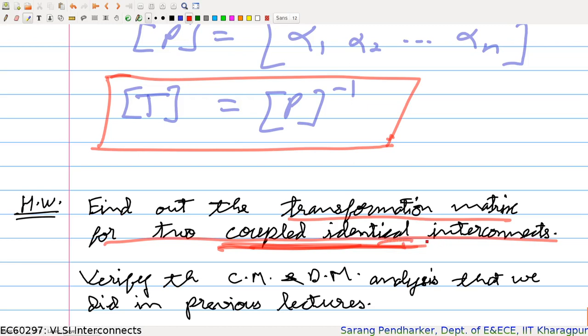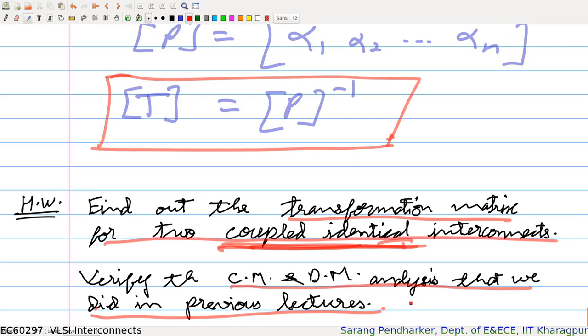But without the knowledge of common mode and differential mode analysis, use the above derivation to form a transformation matrix for two identical coupled interconnects, the matrices for which were given in the previous lecture, and then verify this, or compare this with the common mode and differential mode analysis that we have already done.